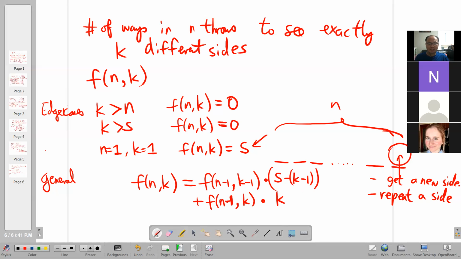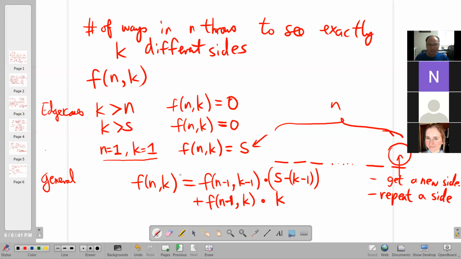And basically every time I want to compute f of n and k, I reduce n by 1, and I reduce k either by 0 or by 1. So as long as I know what the answer is for n equals 1, all of the things can be reduced to there eventually.